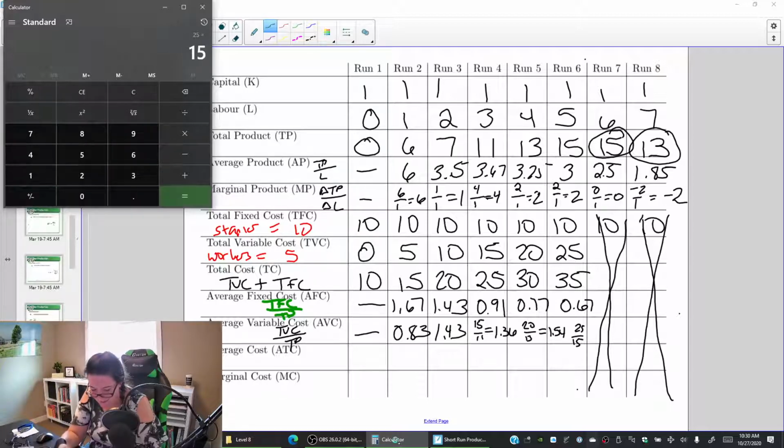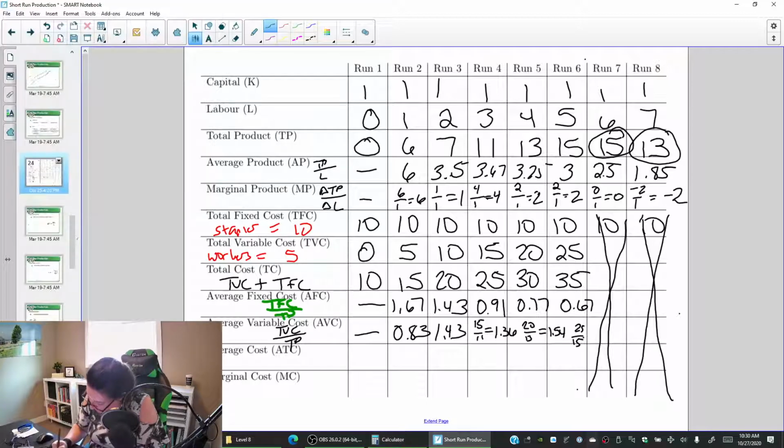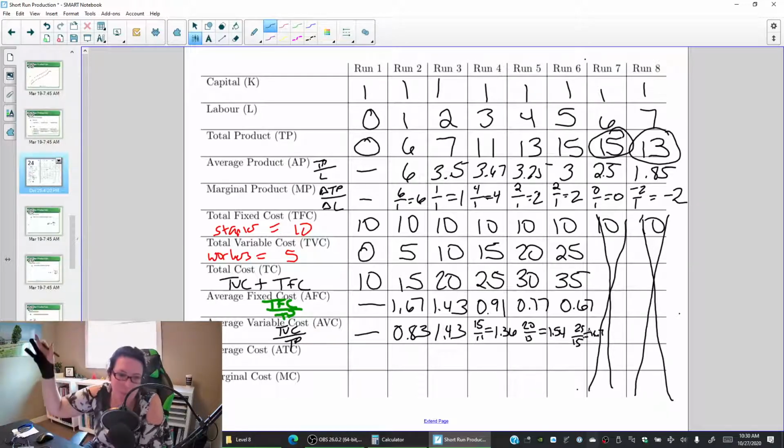All right, 25 divided by 15, 1.67. Okay, so let's look at what's happening here. Our average variable cost in this situation goes up, and then it goes down, and then it went up and up. Okay, so let's graph that, and then we'll figure out what's happening.